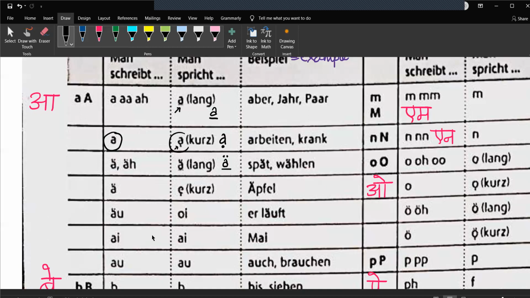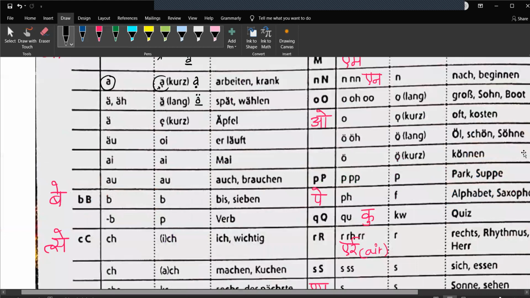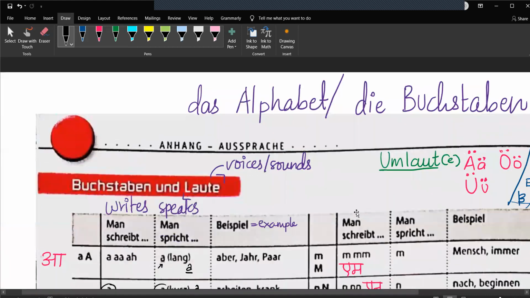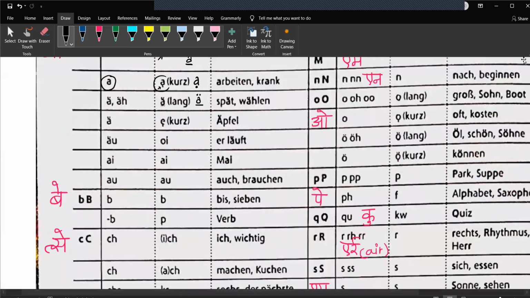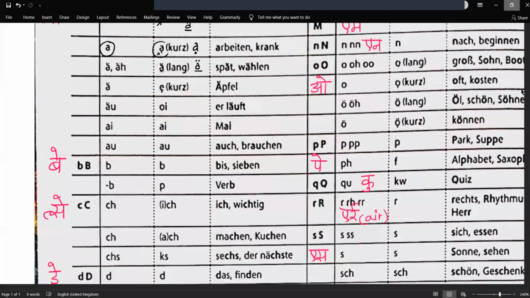Once again, these ones here indicate how we write them, and next to it is how we speak or pronounce them out loud. After you finish the explanation, can I copy all this? Yes, of course, absolutely.